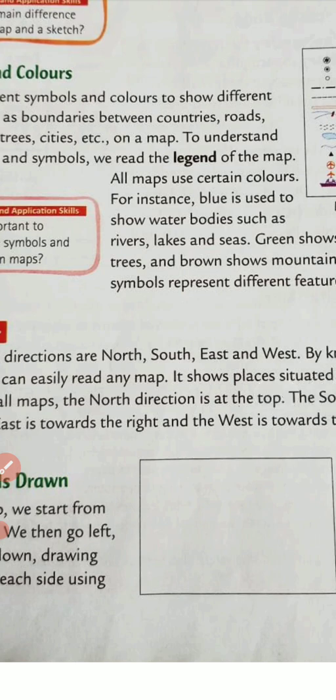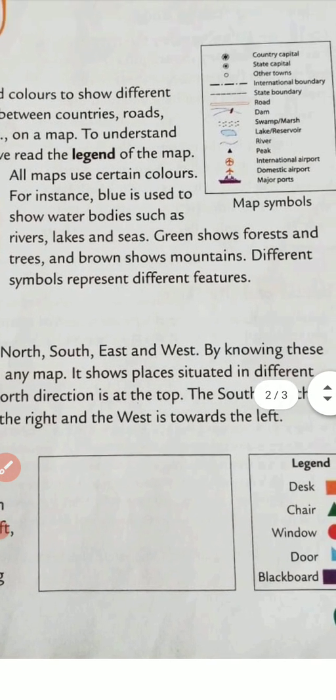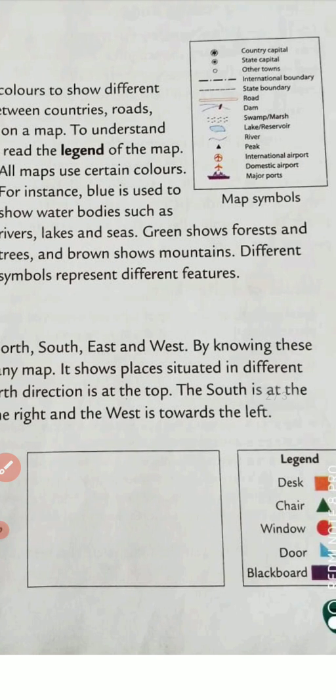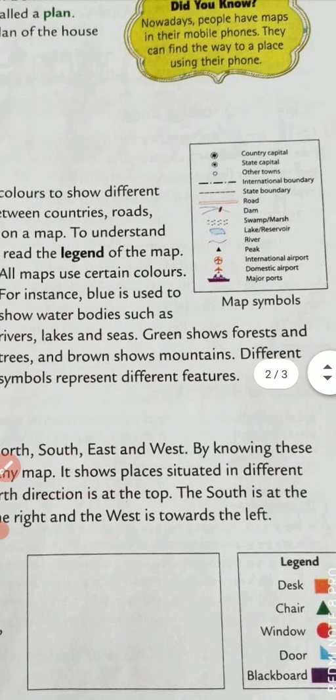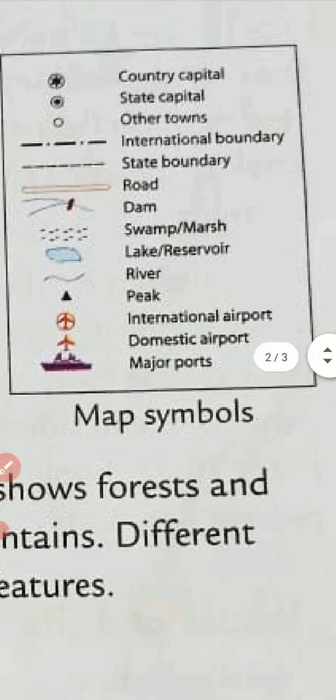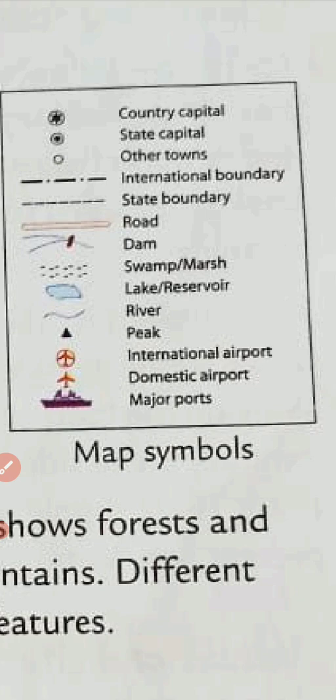All the maps use certain colors. For instance, blue is used to show water bodies such as rivers, lakes and seas. Green shows forest and trees. Brown shows mountains, and different symbols represent different features. These are very, very important symbols, children.